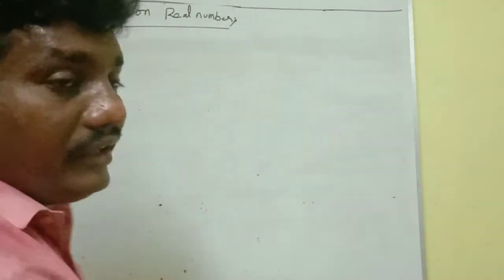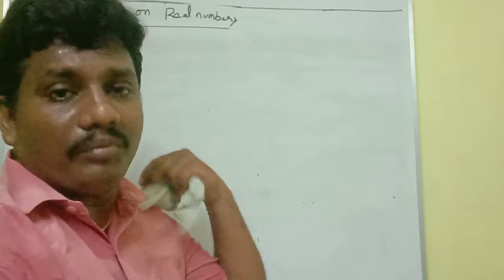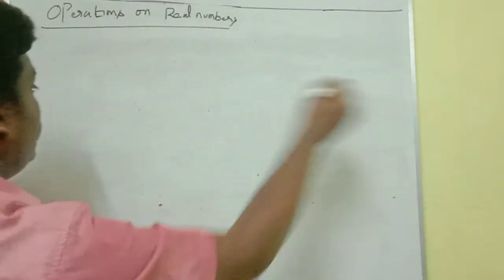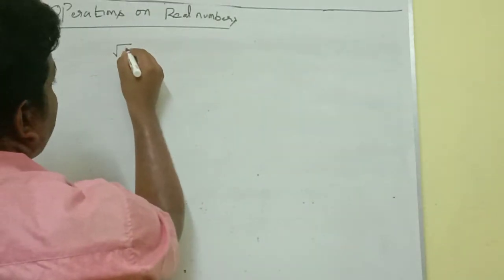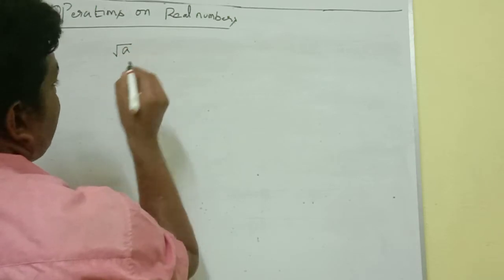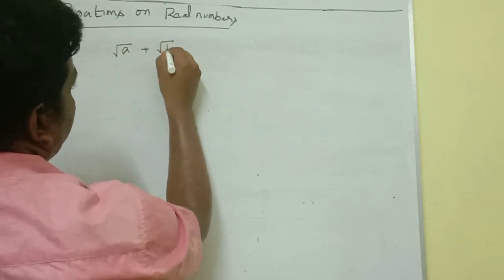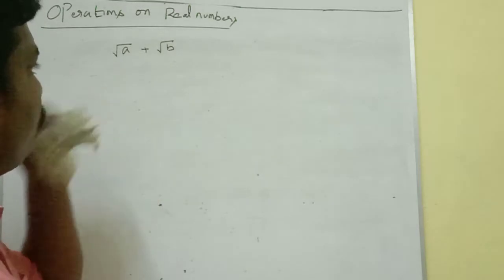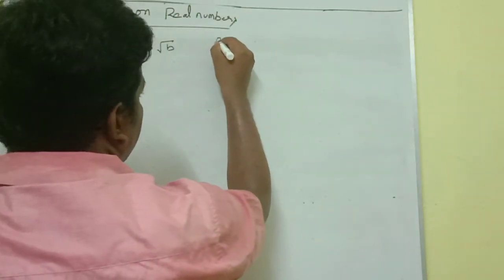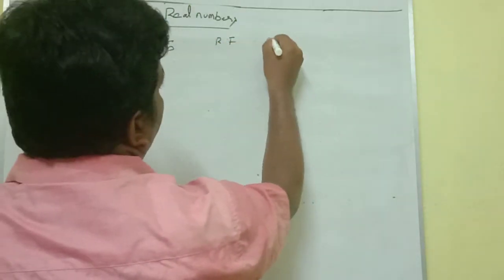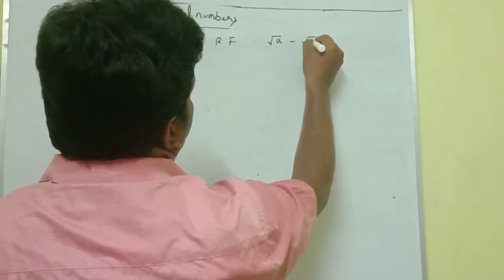For this we have to know algebraic formulas. If a given irrational number is in the form of root a plus root b, its RF is root a minus root b.